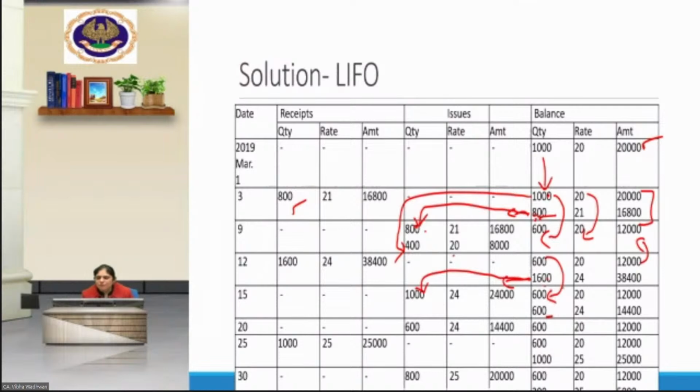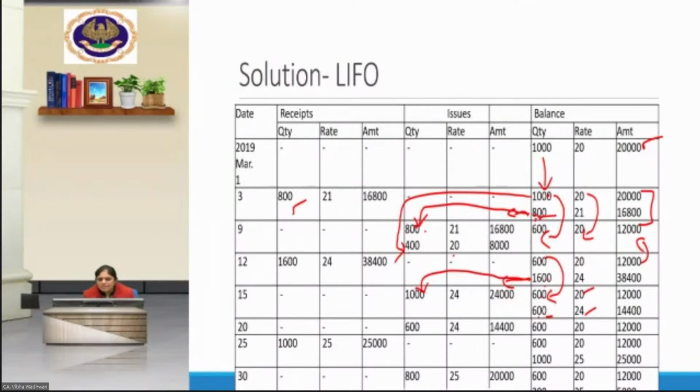So we are left with 600, that is the initial stock, and 600 of the latest purchase. So out of 1,600, we have issued 1,000, and we are left with 1,200, the old stock and the new stock with their respective rates. So that is the balance. Then on March 20, we have another issue of 600.